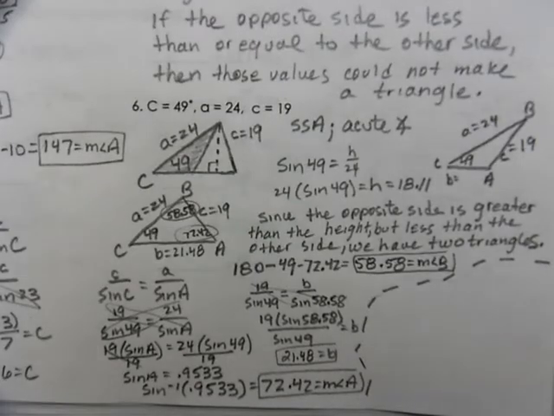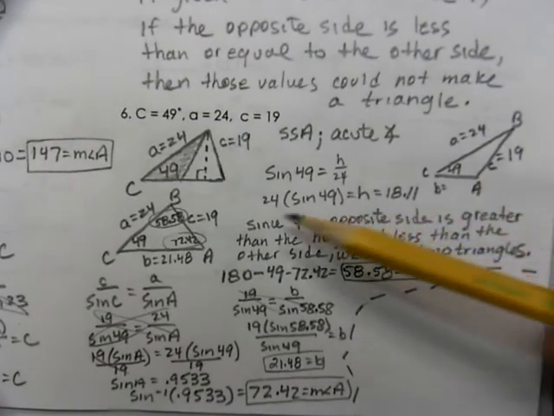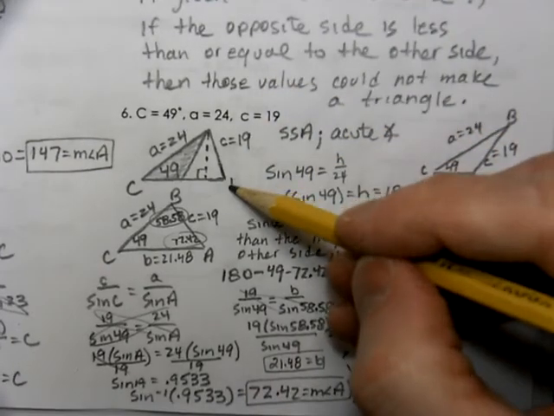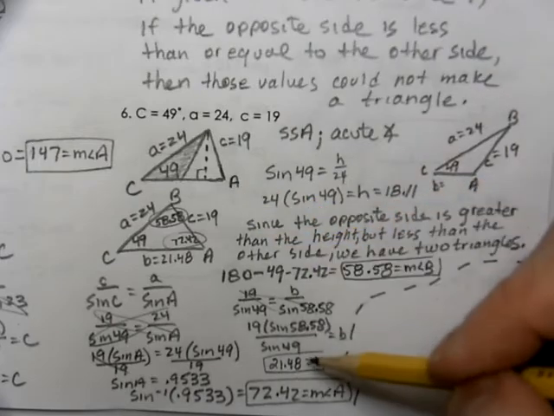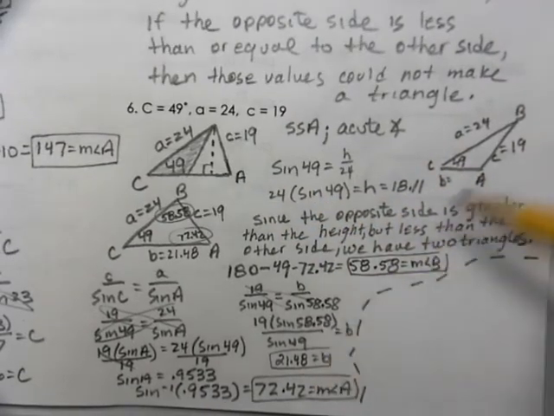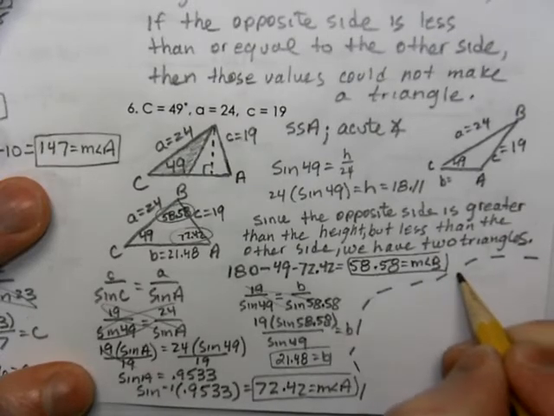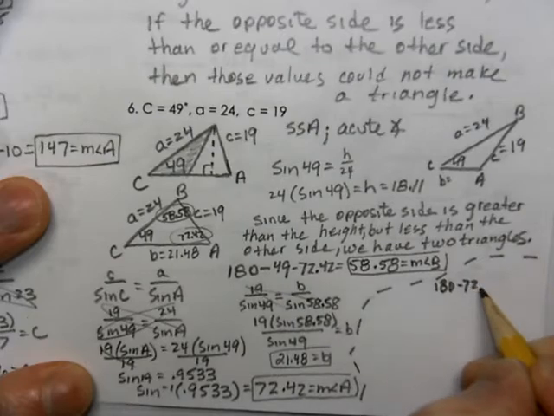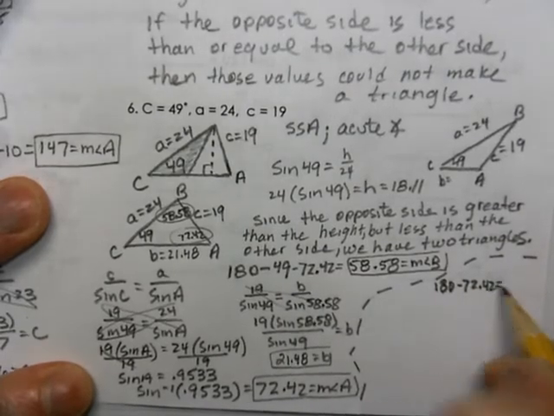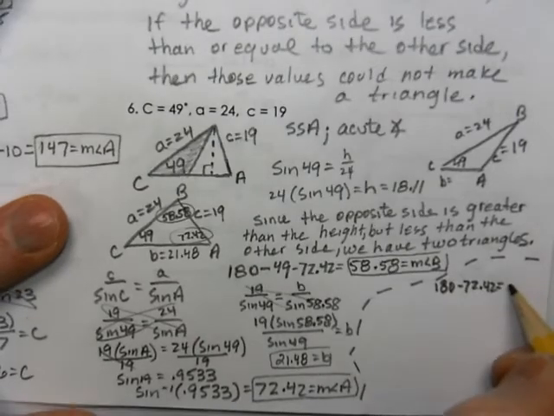Okay, now we're going to be working with this triangle. Well, the trick here is that angle A on this side was 72. So the angle A on this side is 180 minus 72.42. That comes out to 107.58.